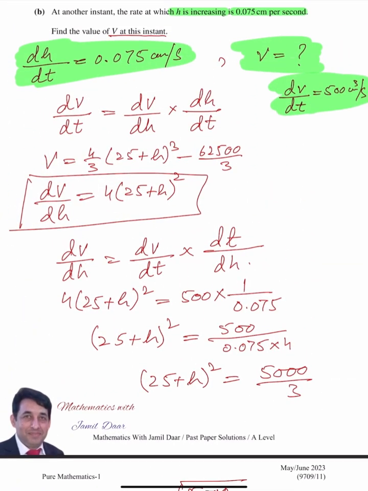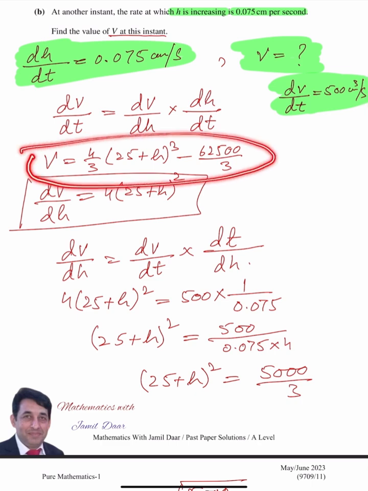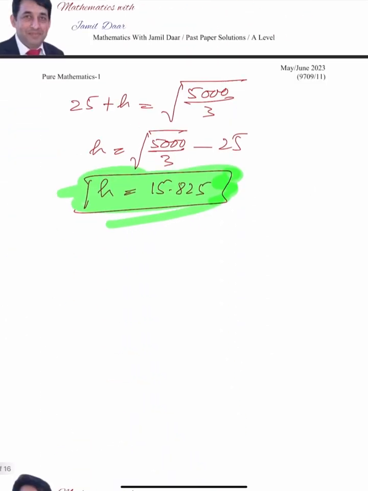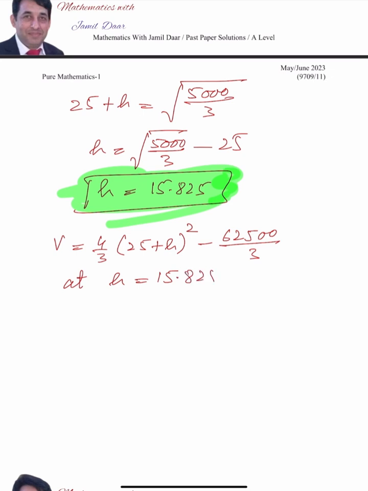V is equal to 4 over 3 (25 plus h) whole cube minus 62,500 divided by 3, at h equal to 15.825. Substituting, V is equal to 4 over 3 (25 plus 15.825) whole cube minus 62,500 over 3.